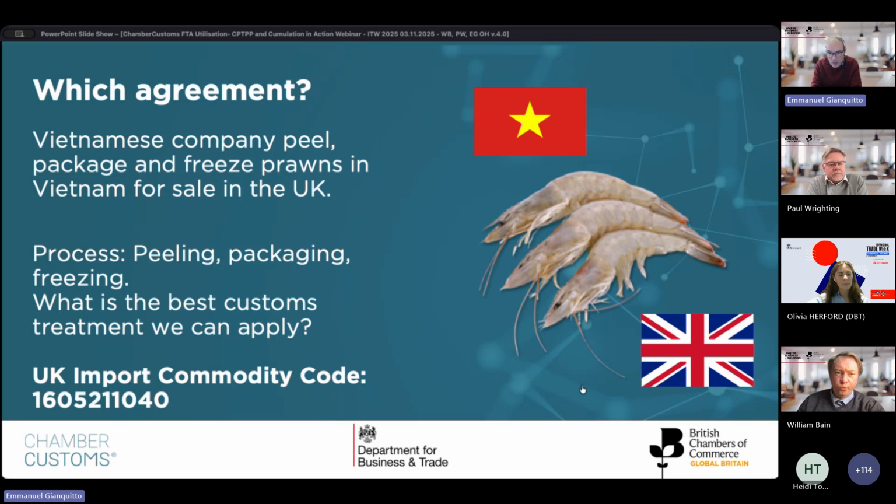When they come to the UK, we have three choices. At the time of check-in, on this commodity code, you have a 20% import duty rate, erga omnes, from all third countries. You have an 8% duty for CPTPP and a 5% rate of duty for Vietnam.